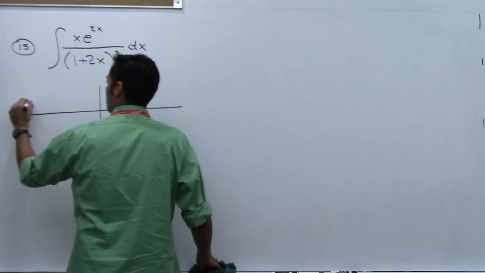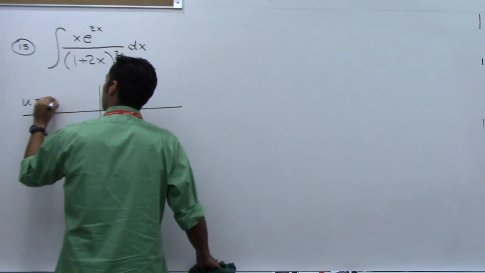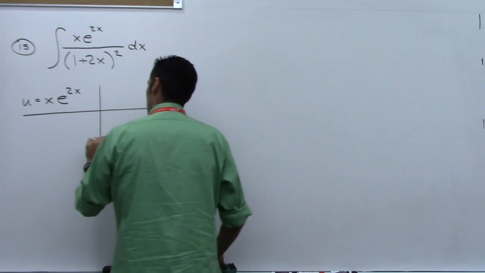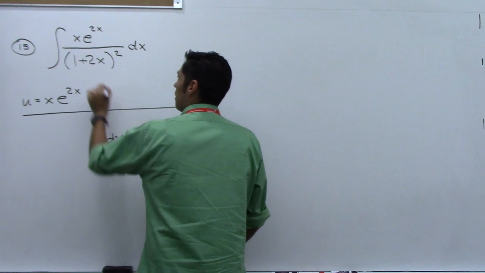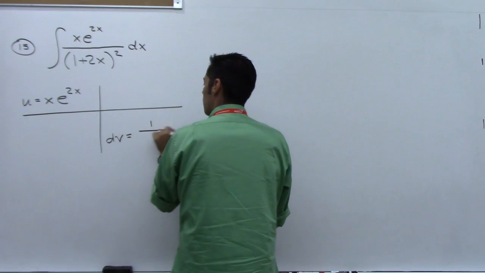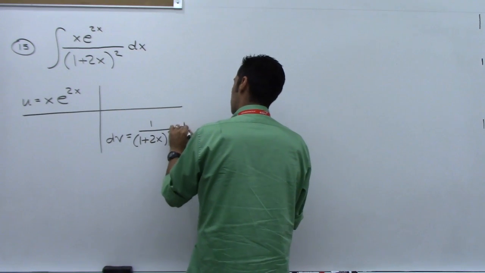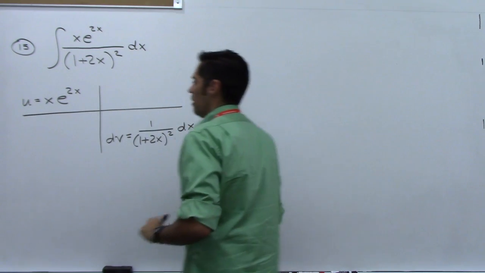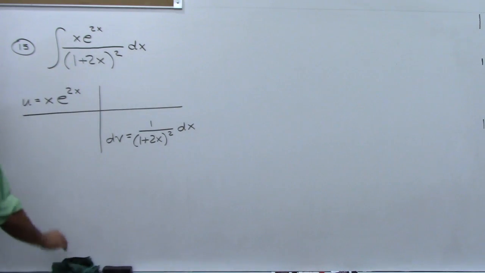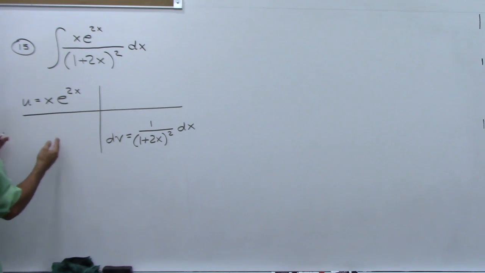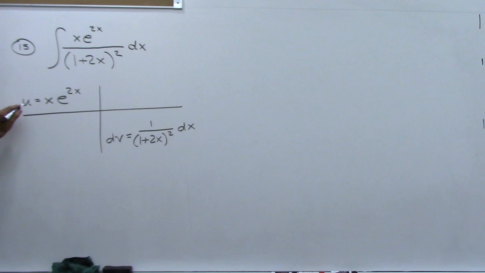Let's see. I let my u be x e to the 2x. I let my dv be everything else, which was 1 over 1 plus 2x squared dx, because I know I can integrate that. Now let's check out this derivative, because this derivative is really going to be helping me determine whether or not I want to stick with this. So du is going to be product rule here.